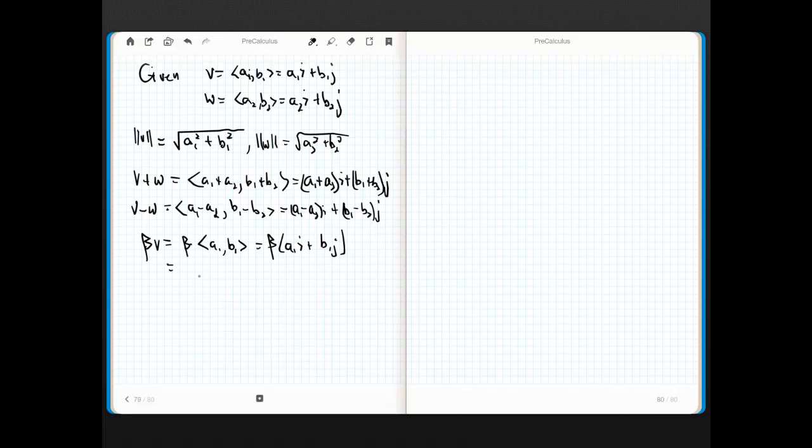A way that I can think about this, and we've played with this before, is beta A1 and beta B1. And this is beta A1 i plus beta B1 j. In other words, you're just multiplying through by the scalar. That's literally what you're doing.